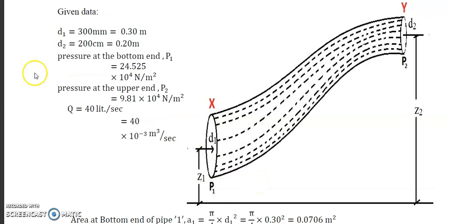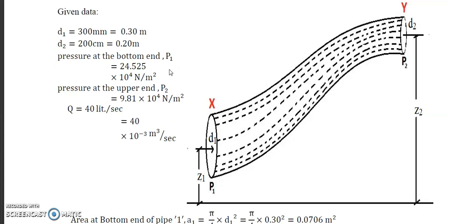So first you have to write down the given data. The given data, d1 is equal to 300 mm, that is 0.30 meter, and d2 is equal to 200 mm, that is 0.20 meter. Then the pressure at the bottom end P1 is given in the question as 24.525 Newton per centimeter square.